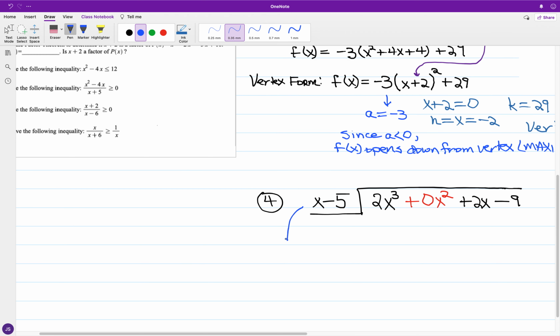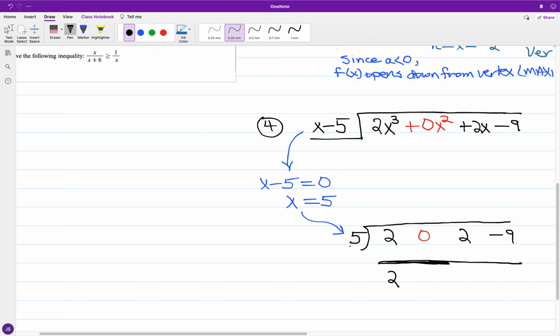I saw a mistake where somebody multiplied the first coefficient by the 5 and put 10 down. You don't multiply until the first number is brought down. So you have 2 brought down. Then 5 times 2 is 10. Then 0 plus 10 is 10. Then 5 times 10 is 50.